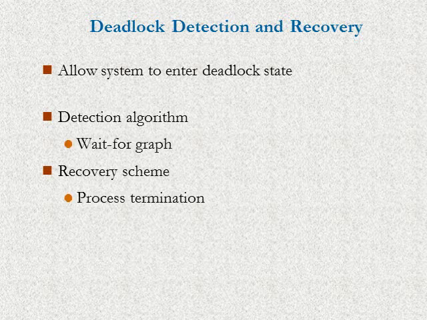So for the detection, we will discuss the wait for graph, and for the recovery, we have an intuitive process of process termination. In the wait for graph, we see if multiple processes are waiting for each other, and in recovery by process termination, we see how we can terminate processes, and what could be the order of their termination so that we can recover from this deadlock.